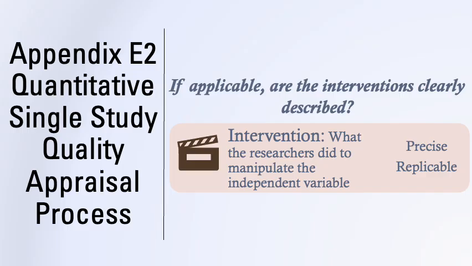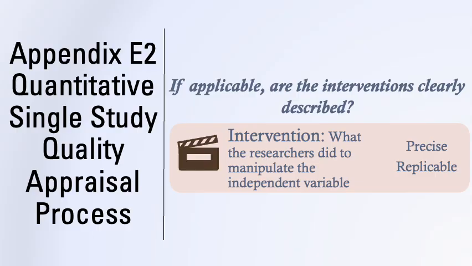Quality appraisal question 9 in the methods section of a quantitative single study asks, if applicable, are the interventions clearly described? Once again, this question starts out with the phrase, if applicable. If the study was observational, then you should check the box for not applicable. Remember, not all studies have an intervention.